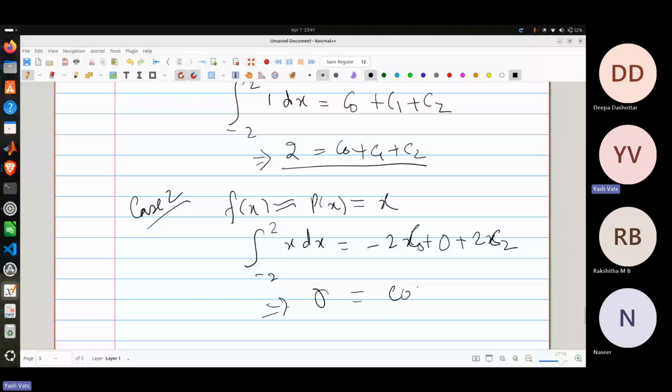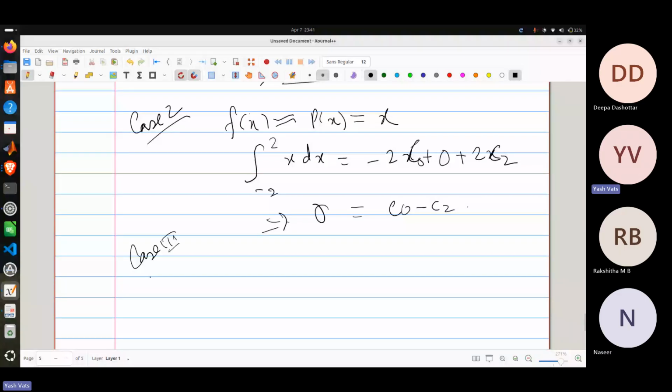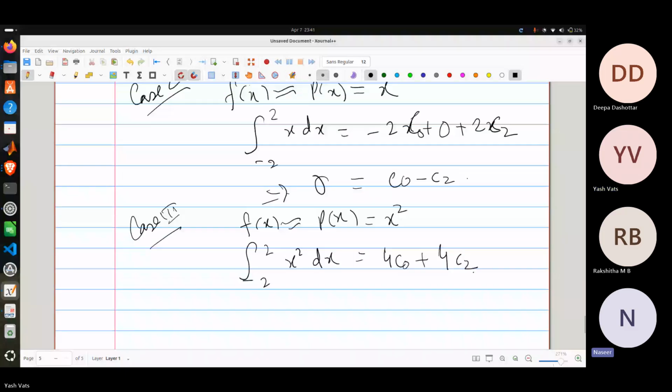And case 3 is that f(x) is x squared. So the integral from minus 2 to 2 of x squared dx is the same as 4c0 plus 0 and again 4c2. That will give you x cubed by 3, so 8 by 3, so 16 by 3 equals 4c0 plus 4c2, so c0 plus c2 will be 4 by 3.